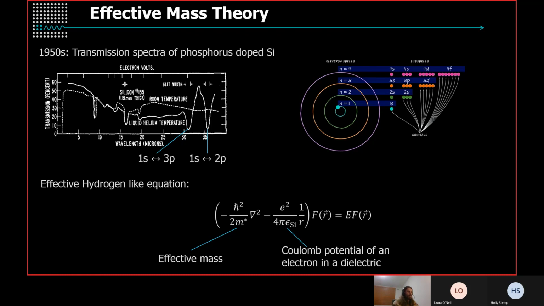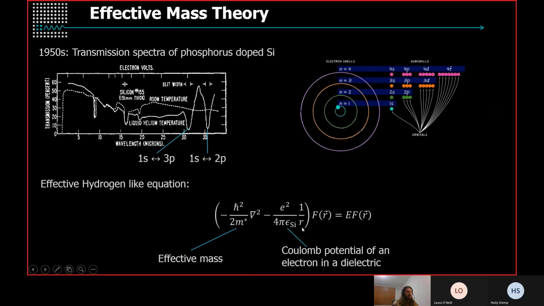They thought maybe we can describe the state of these phosphorus donors by something that's very similar to a hydrogen atom in vacuum. So they used this effective hydrogen-like equation where they gave the motion a kinetic term that has a mass, an effective mass, so the effective crystal mass, instead of the mass of an electron in vacuum.